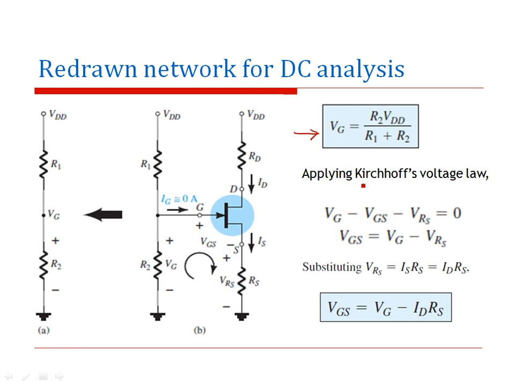And if you apply Kirchhoff's voltage law in this particular loop, you have Vg minus VGS minus the drop across the source resistance, from source to ground you have Rs. So VGS is equal to Vg minus VRS. If you substitute VRS is equal to IS RS, which is equal to ID RS, you get VGS is equal to Vg minus ID RS.